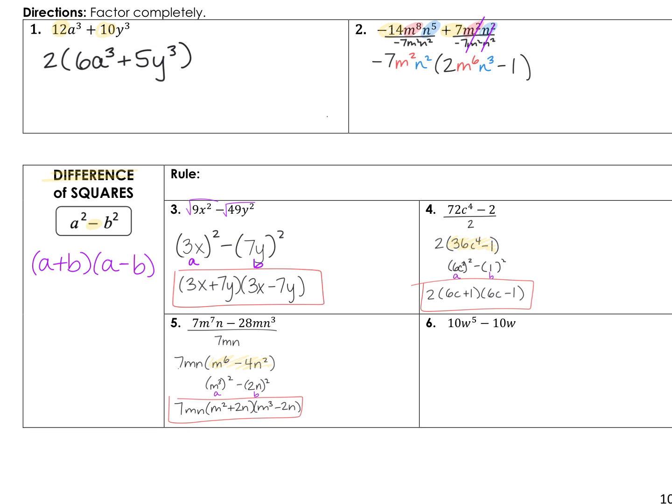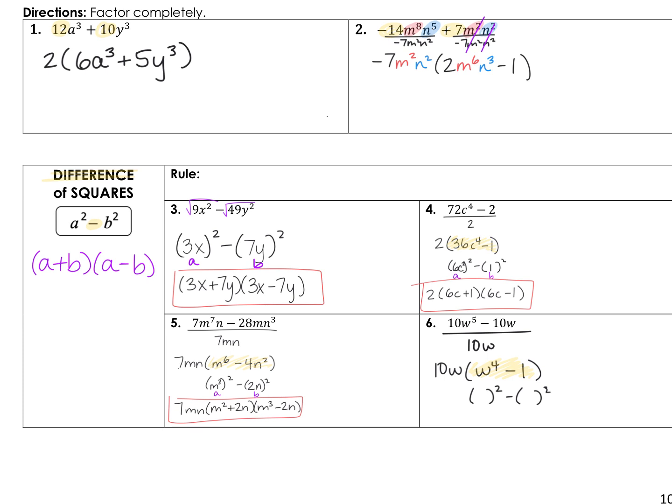Okay, last one, look for GCF first. 10w goes out in front, divide it out. And remaining we have w to the 4th minus 1. And for like the third time, we still have a difference of squares remaining, so you need to look and see what squared minus what squared.